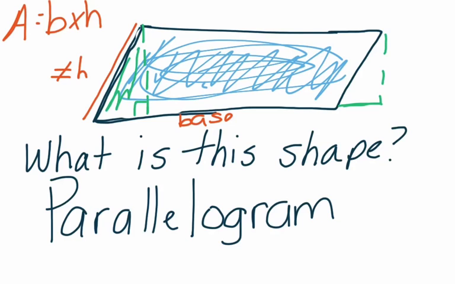So this here is going to be your height, same as in here. That's your height. So height is from top to bottom, and it has to be a straight line and form a right angle.